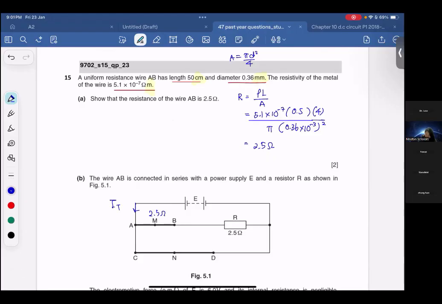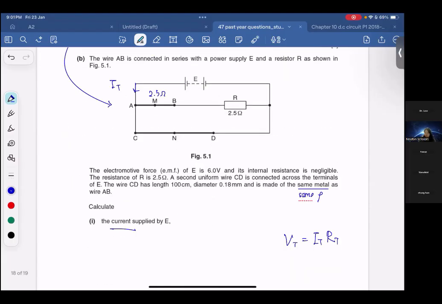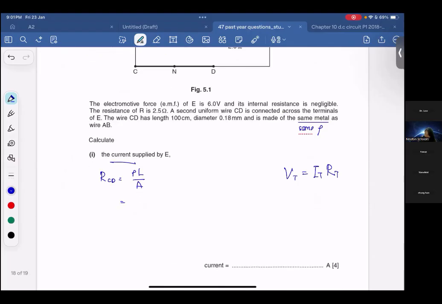That is why part A asks us to show it; they give some information here, 2.5. Now your task is to calculate the resistance for CD. Resistance for CD is rho L over A. Can you calculate it? And then at the end, find your current. Same material, same resistivity, so we can use the resistivity that they provide.